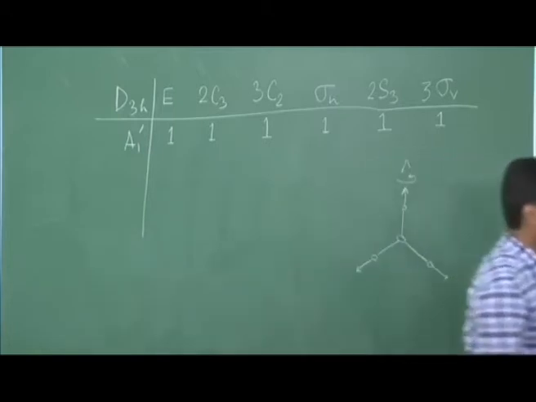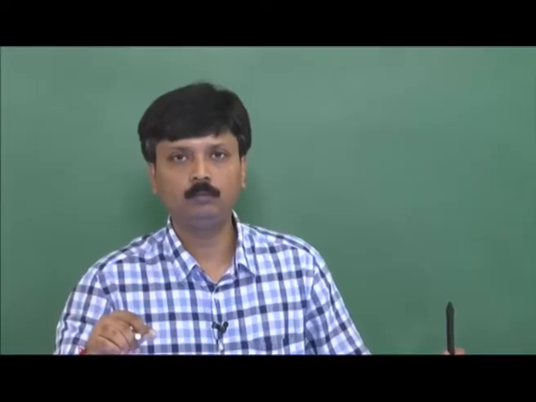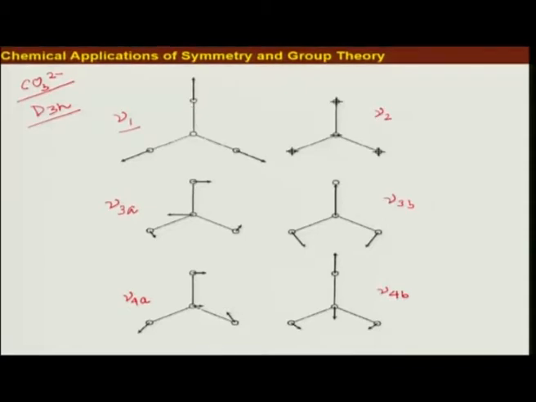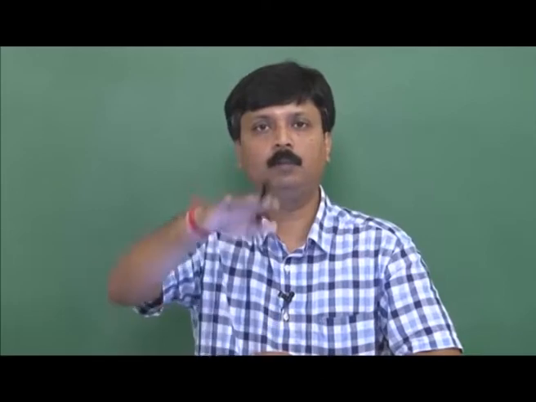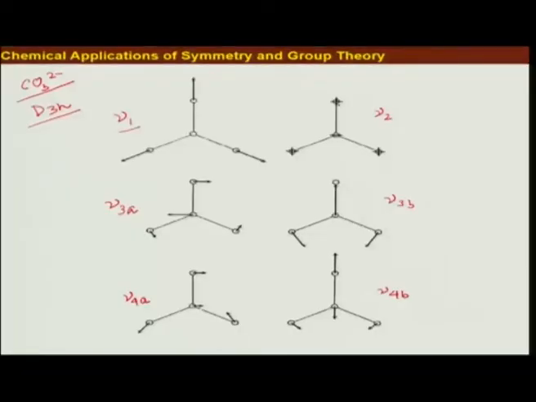All right. The same way, if you look at the structure nu 2, you see that the 3 oxygen atoms are out of the plane, that is above the plane, while the central carbon atom is below the plane, as given by the plus and minus signs. Plus means it is above the plane and minus is below the plane. So what happens here?